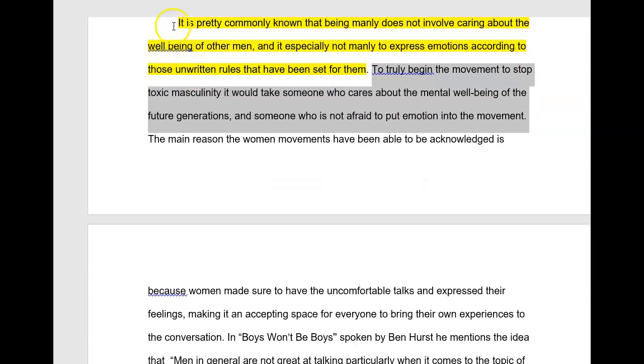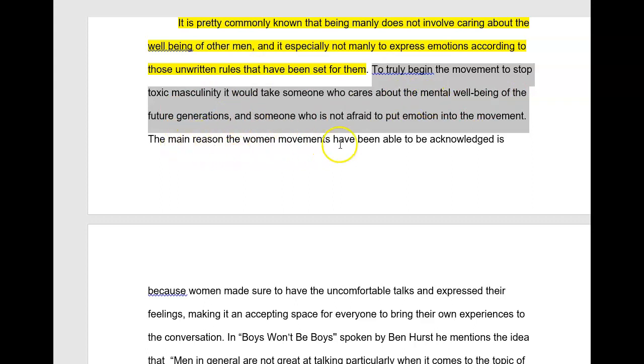So this student wrote, "It is pretty commonly known that being manly does not involve caring about the well-being of other men, and it is especially not manly to express emotions according to those unwritten rules that have been set for them. To truly begin the movement to stop toxic masculinity, it would take someone who cares about the mental well-being of future generations and someone who is not afraid to put emotion into the movement.